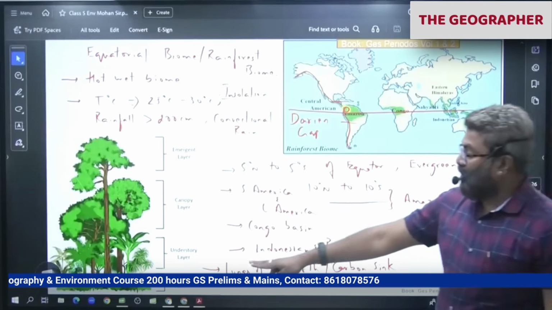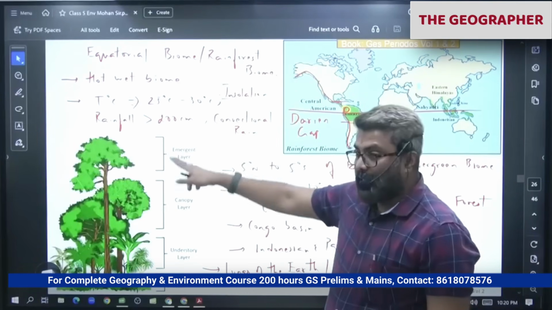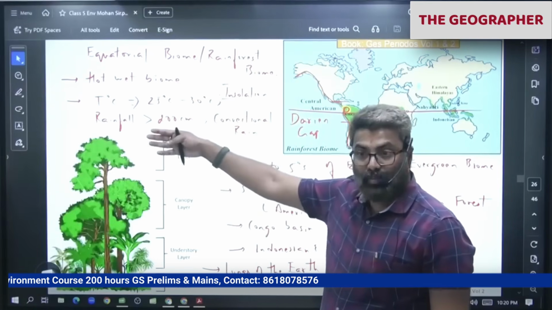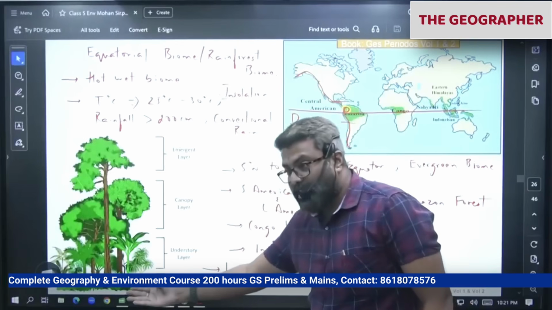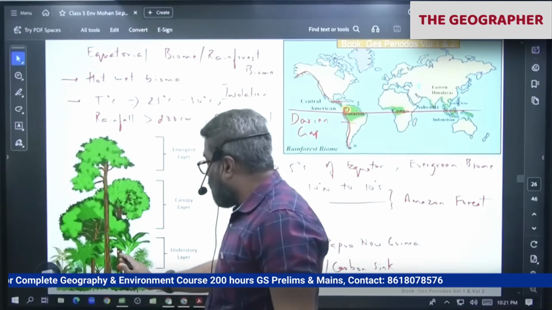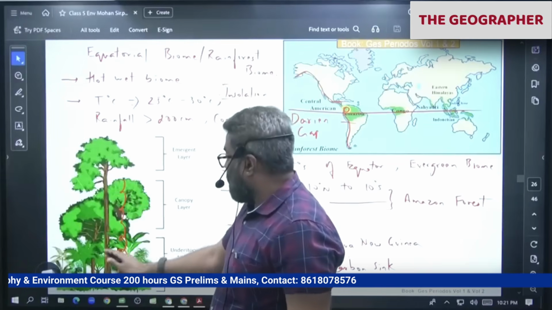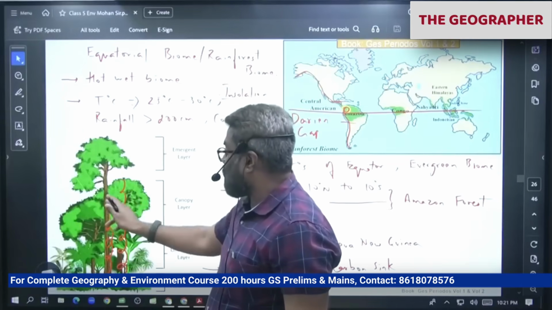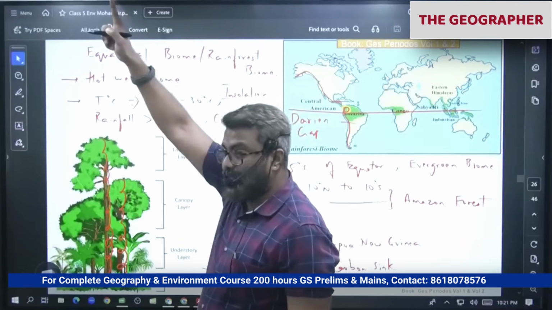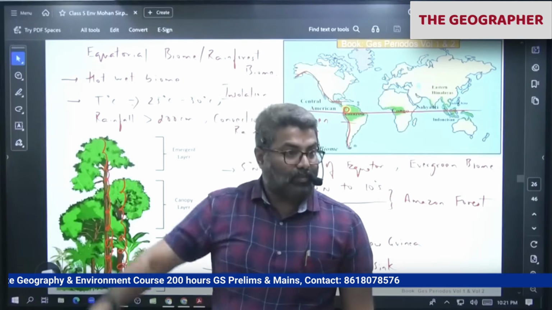This was a question asked once. In which of the following biomes do we have multiple layers of forest growth, where the sunlight doesn't reach the bottom? As a result, some plants have to creep up, epiphytes, lianas, we call it by the species name, lianas. They have to creep up along the bark of the tree to reach the top to get the sunlight.